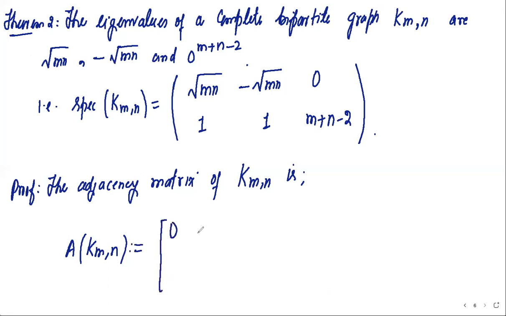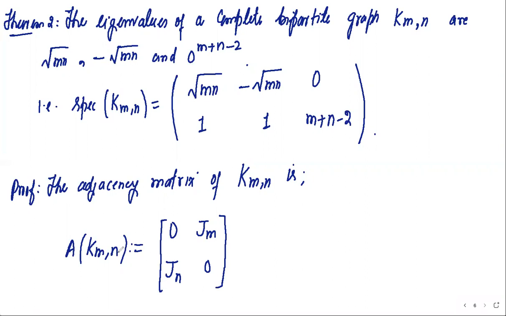Here we have a 0 matrix, then here we have a matrix J of order m cross n. Or we can write it like this: here we have a matrix of order m, here we have a matrix of order n, and here we have 0.